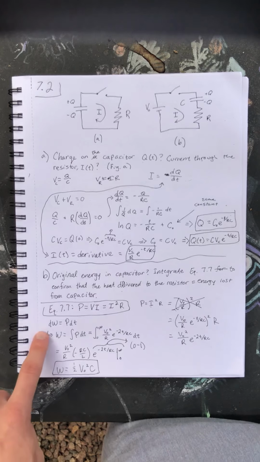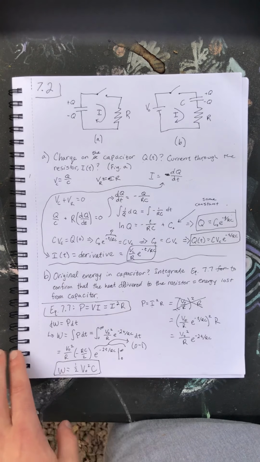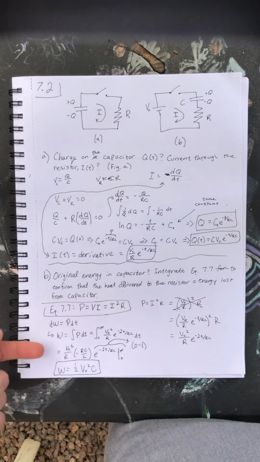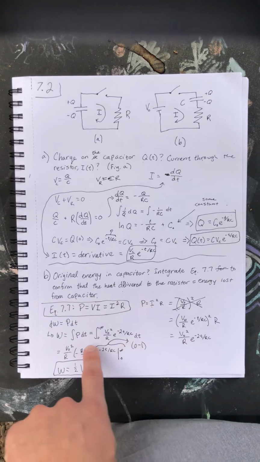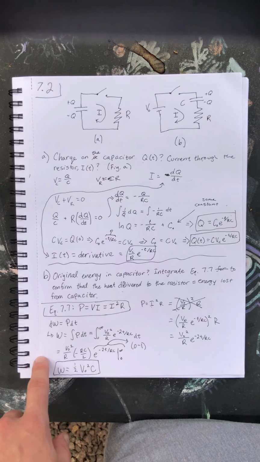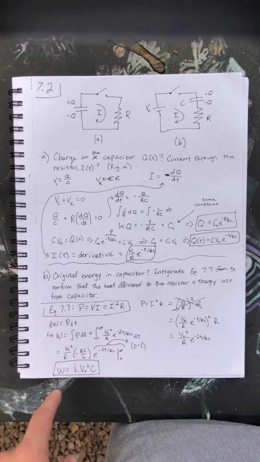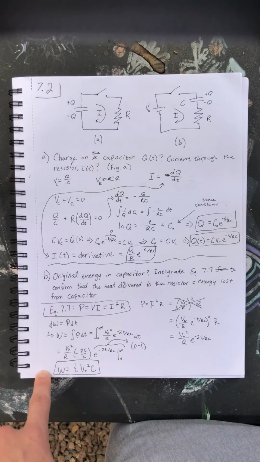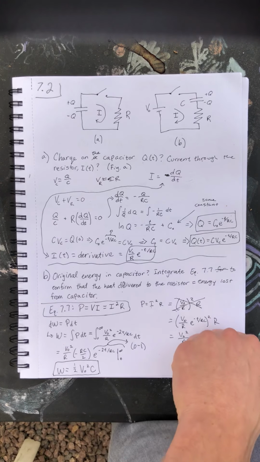And if we integrate both sides, we'll have W equals the integral of P with respect to time. Again, I won't bore you with the whole process of the integral, but if we plug this in here for P, and our bounds are going to be from 0 to infinity because there's no time limit, we will finish with the idea that W, or the work, is going to be 1/2 V naught squared times C. All right, so moving on to part C and D.